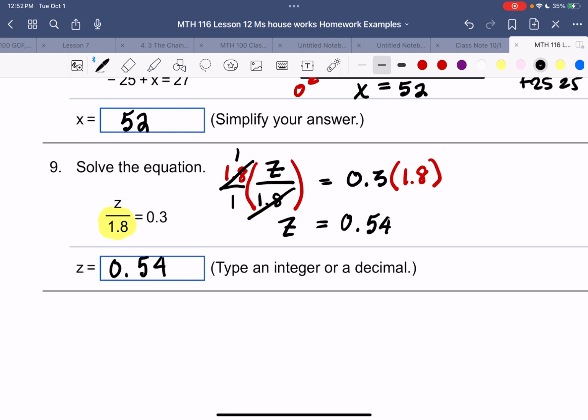So when you have division, that's a division bar, you're going to have to do the opposite of division, and that's multiplication. When you have multiplication, you divide. When you have division, you multiply.